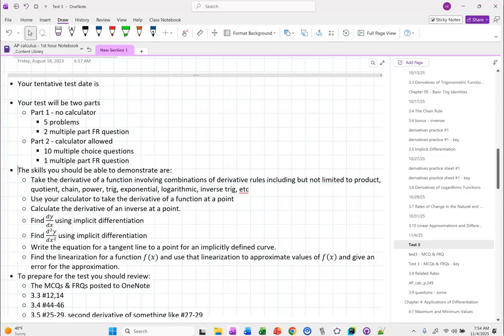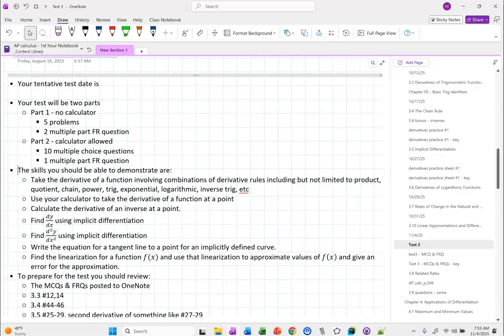Questions about topics? All these things sound relatively familiar, I hope. Pete? Is there a set point where you want us to stop simplifying for these ones too? So any problem where I want to test you on the simplification, I would put as a multiple choice question. Anything that's free response, you can stop when the calculus is done, just as it always has been our standard, will continue to be our standard.